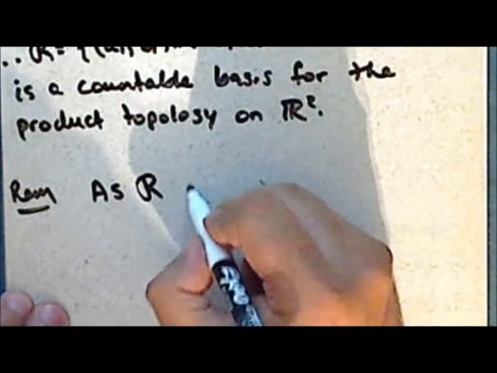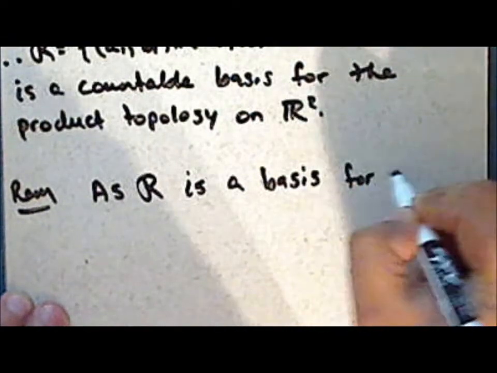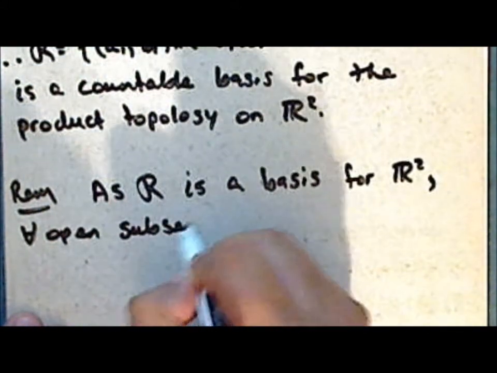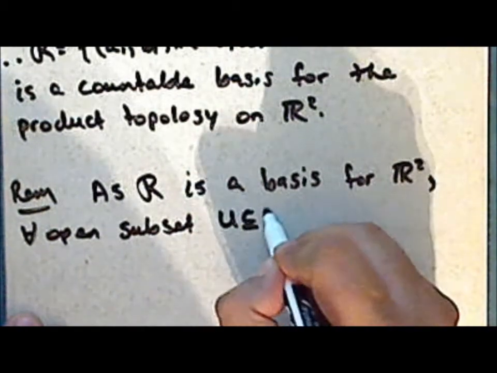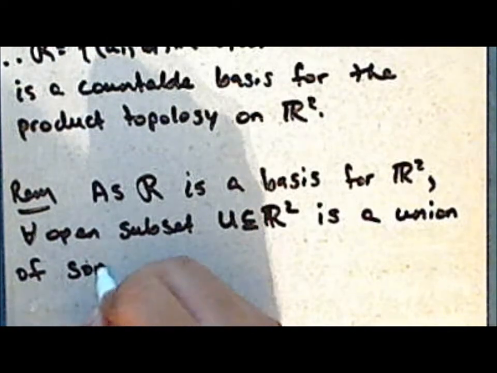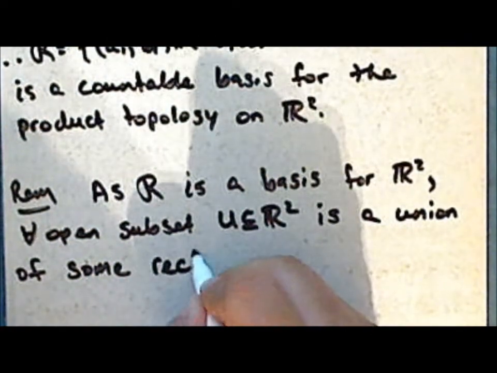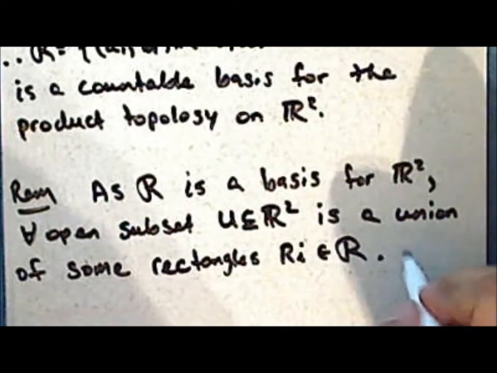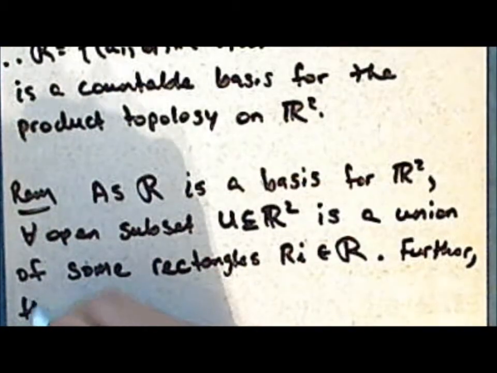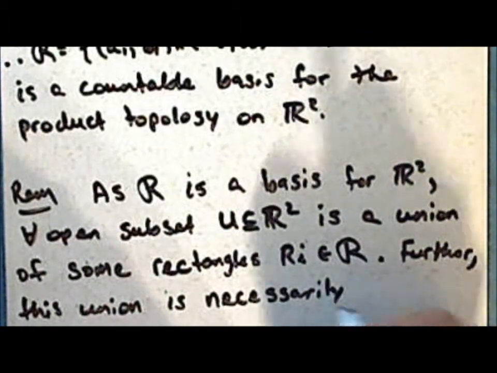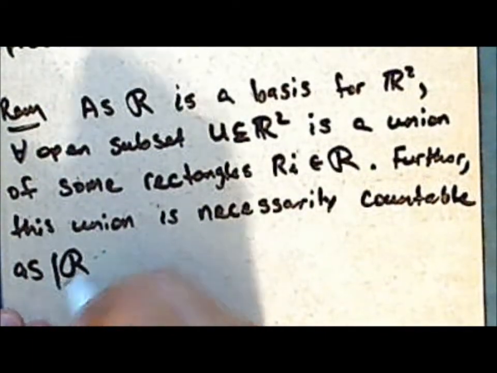as this collection script R is a basis for the real plane with the standard topology, every open subset U in the real plane is a union of some elements, or as I'll call them, some rectangles, in the collection script R. Further, this union is necessarily countable as the basis script R is itself countable.